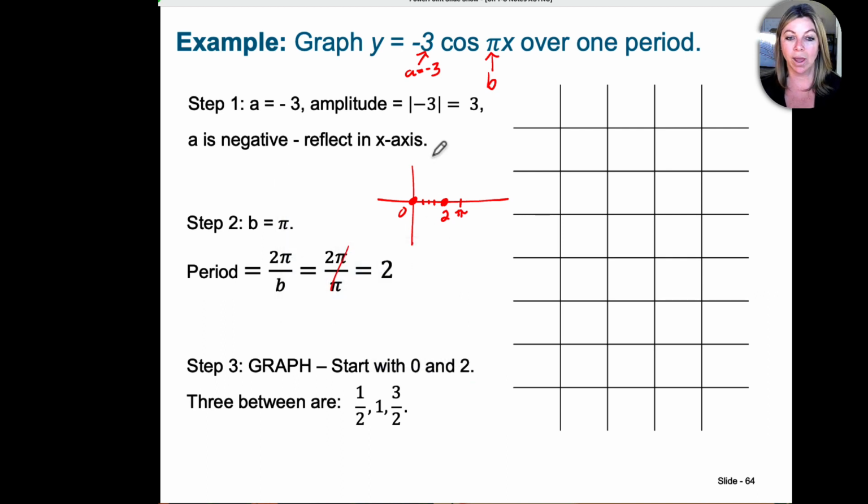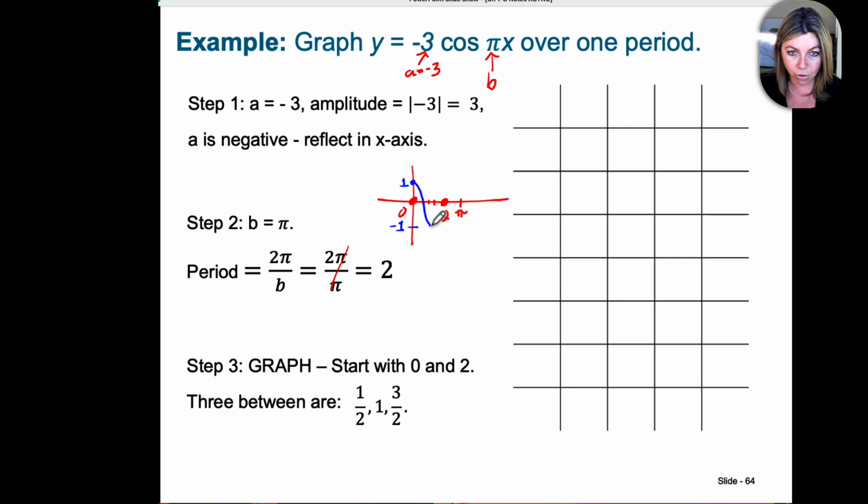So if that were the only transformation occurring, if b was equal to pi and that's it, then we're going to start up at 1. Here's 1 point on cosine. We'll pass through at a quarter of the way. We'll get to the minimum at -1.